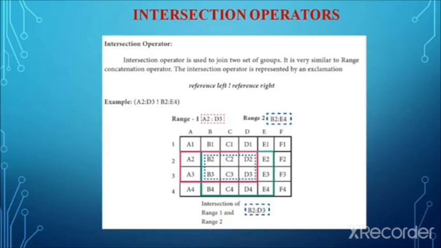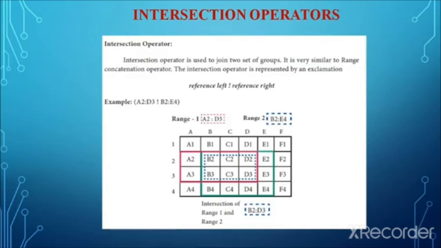You see the example with two different groups. The first one, reference left, is A2 colon D3. It includes A2, B2, C2, D2, and A3, B3, C3 and D3. These are 8 elements, 4 in a row, with 2 rows selected. That is the first group.